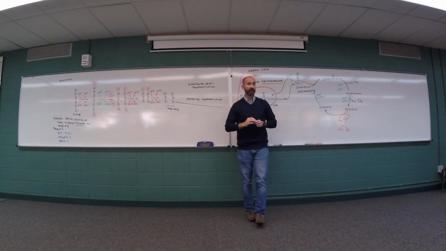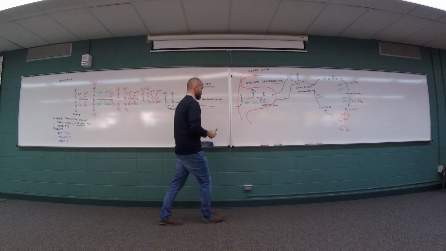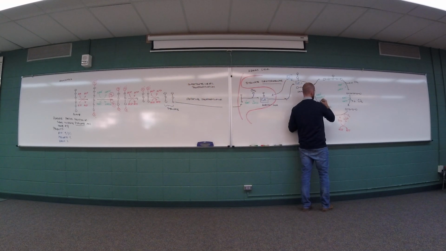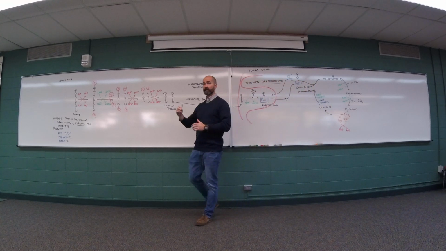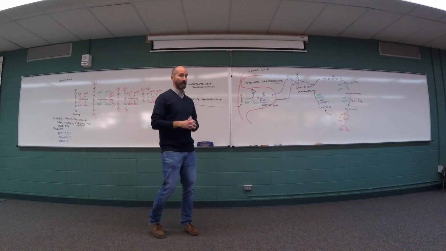Then we also make another electron carrier, and that other electron carrier is called FADH2. So we start off with an FAD plus, and we make an FADH2. Functionally, they do exactly the same thing. They just take electrons from one spot to another. Okay?